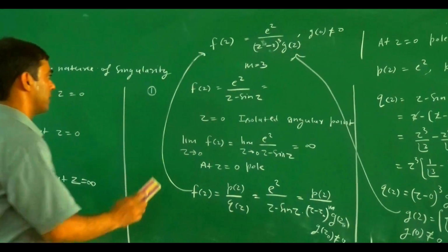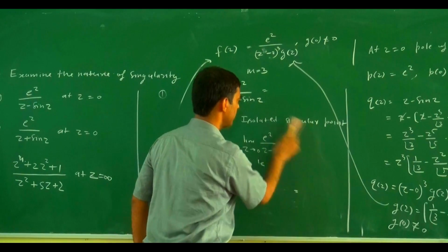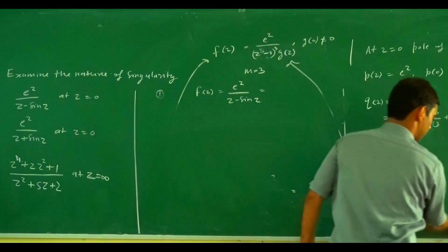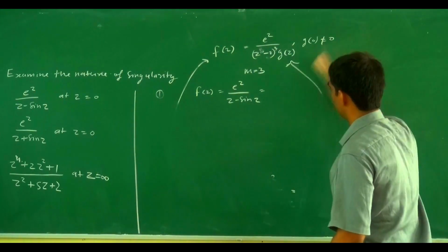Now if we solve the second one, how do we solve? In a similar manner, we try to solve the second one and examine what is the behavior at z equals 0.